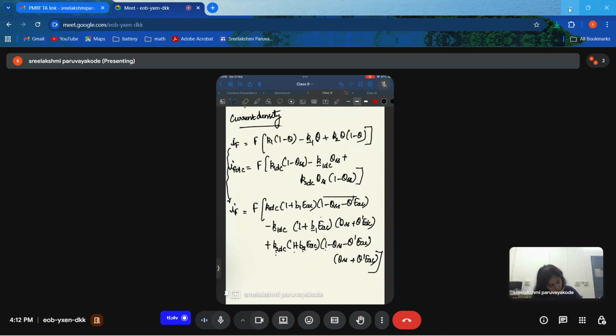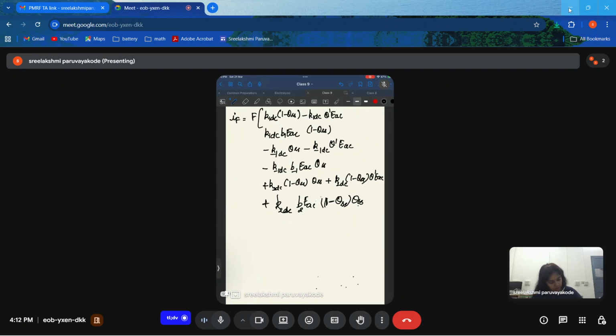Next same K2 DC, B2 EAC into minus theta dash EAC. Because you will get EAC square, that is also not possible, so I can get rid of that term. Next term again K2 DC, B2 EAC, 1 minus theta SS, theta dash EAC. So you'll get EAC square, which is also not possible. So this is the equation you're finding.